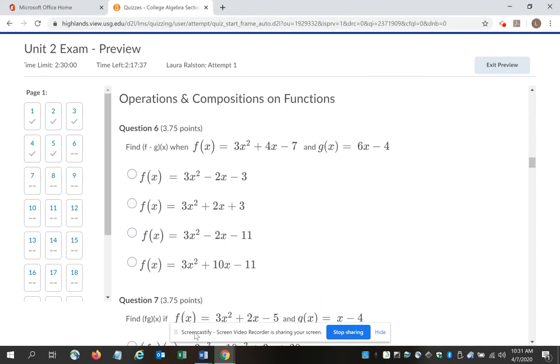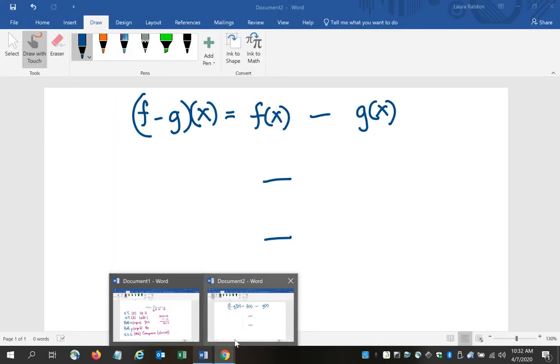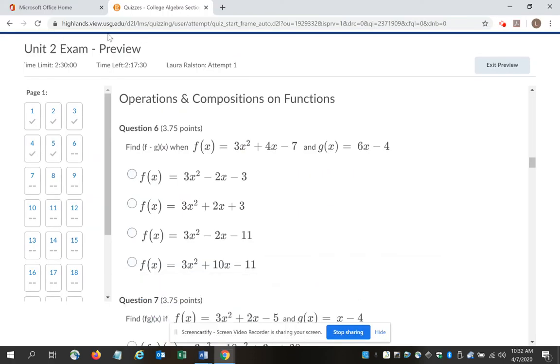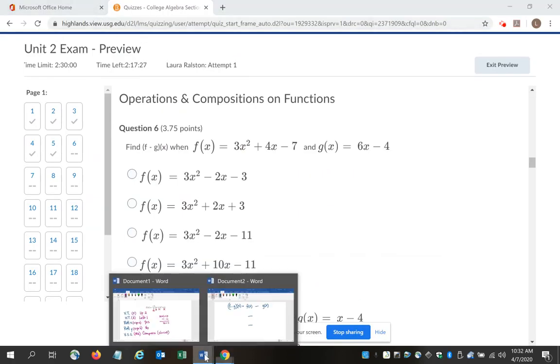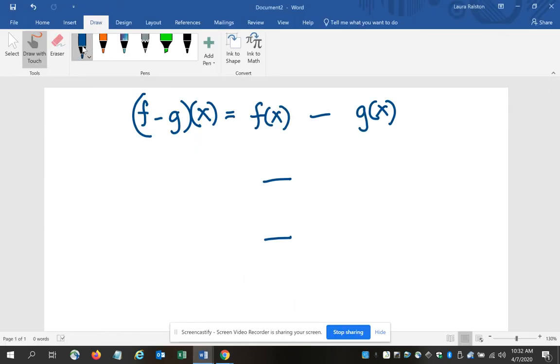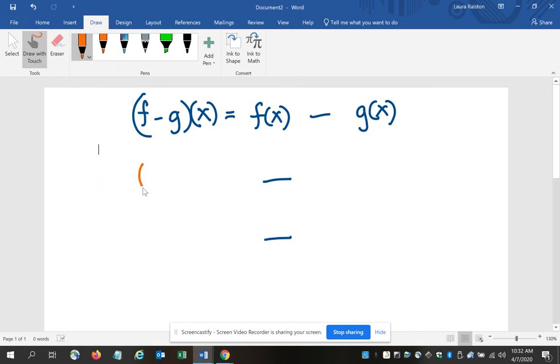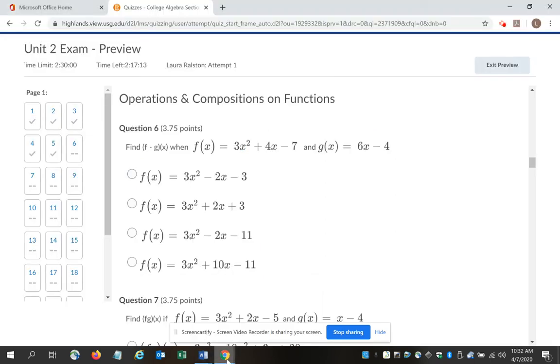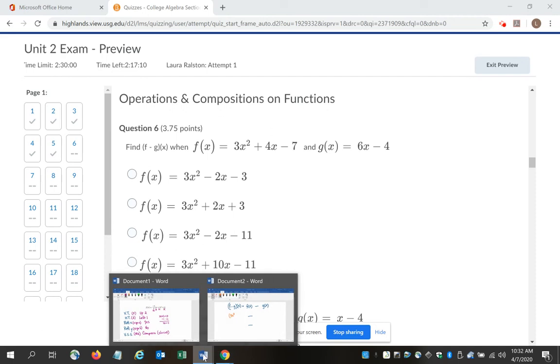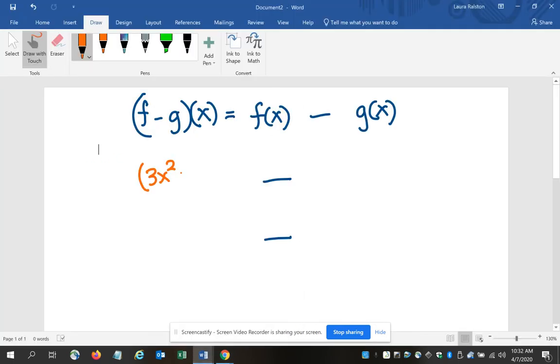So let me go back and get function f. F is 3x squared plus 4x minus 7. So function f is 3x squared, I forgot whether it's minus or plus, 4x minus 7.